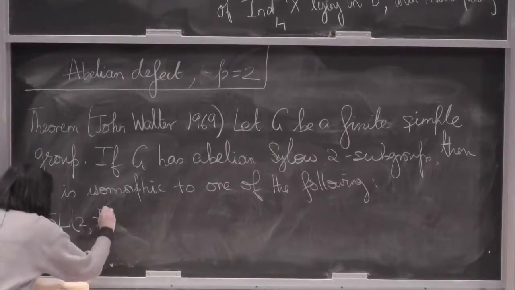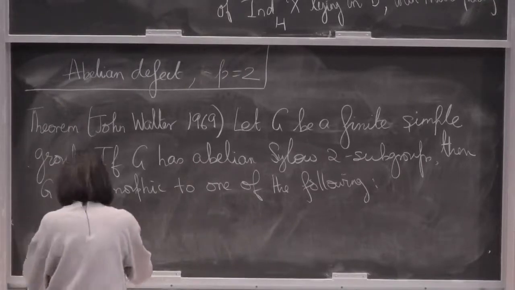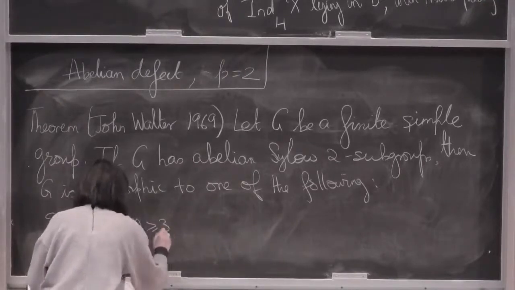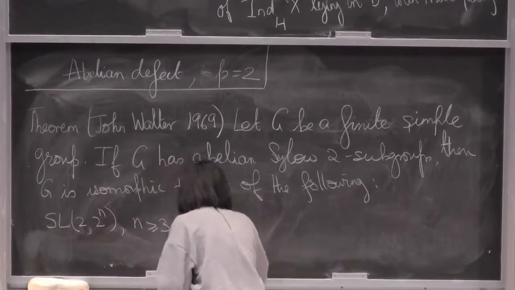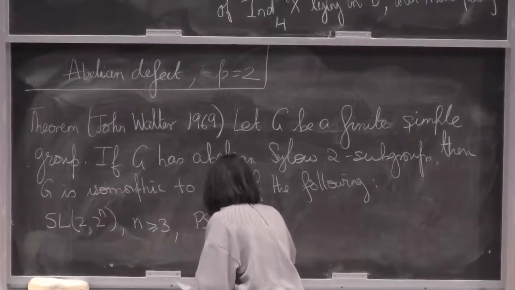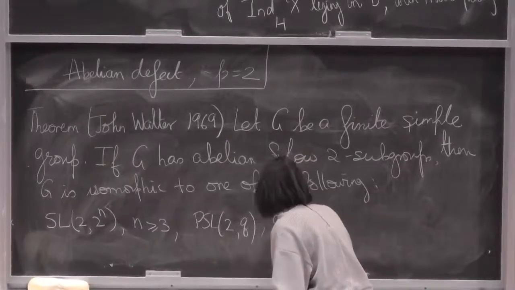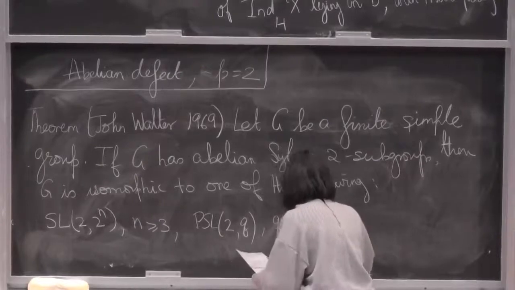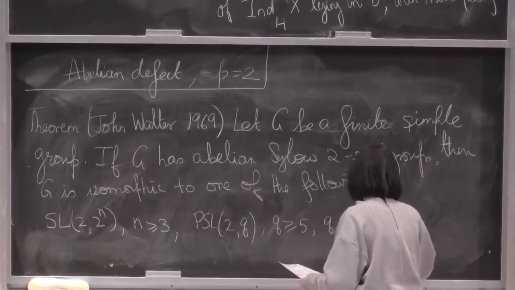So the two-dimensional special linear group at the prime 2, well, you want it to be simple, so let's make it n greater than or equal to 3. The projective special linear group of dimension 2 at some odd primes q, where q is greater than or equal to 5, and q is congruent to 3 or 5 mod 8.